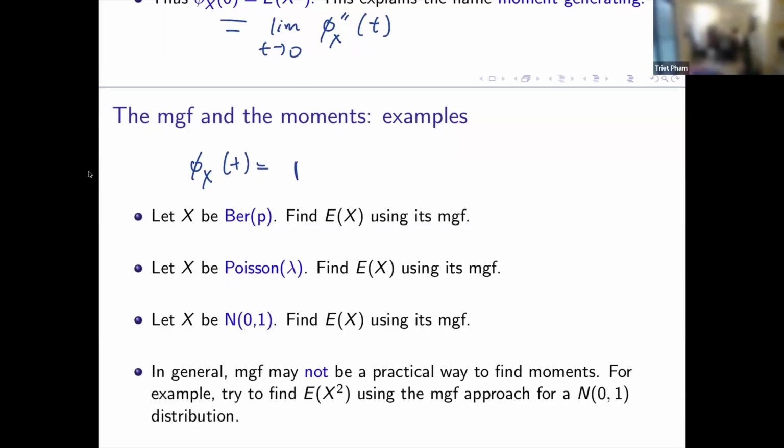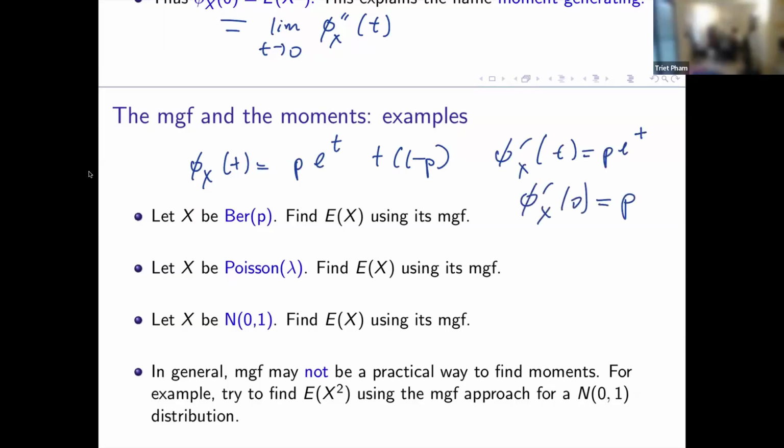It would be P e to the t plus 1 minus P. So we differentiate this with respect to t. So phi prime at t is just P e to the t. So phi prime at 0 is P, which is, of course, the expectation of Bernoulli.